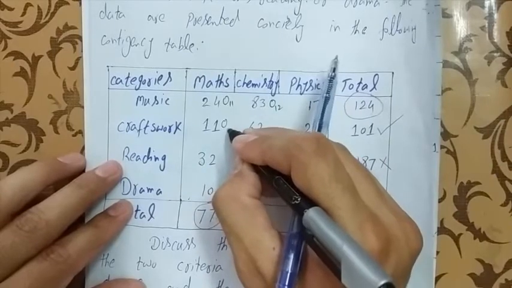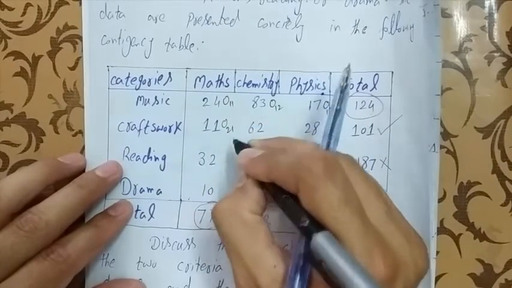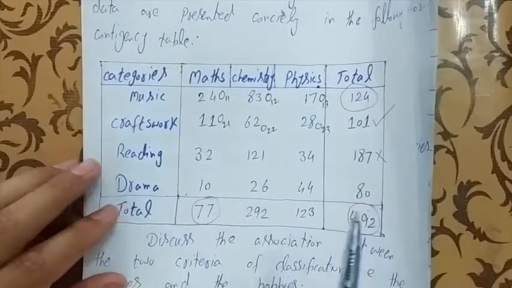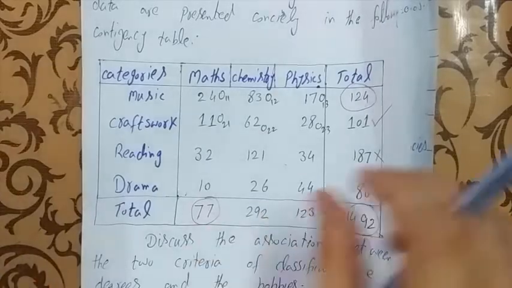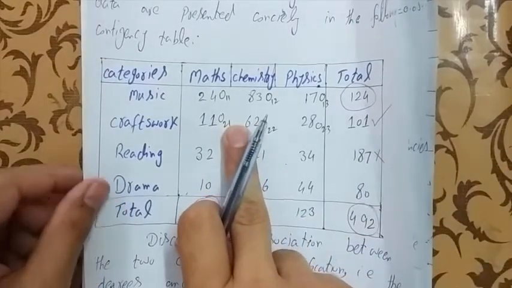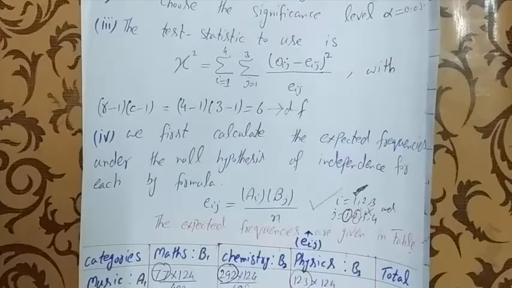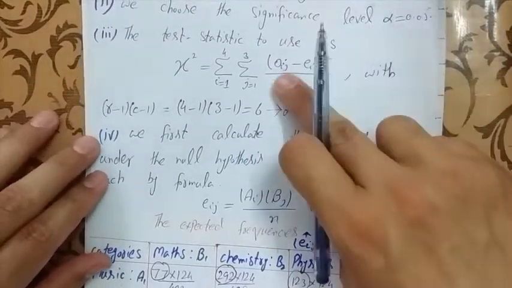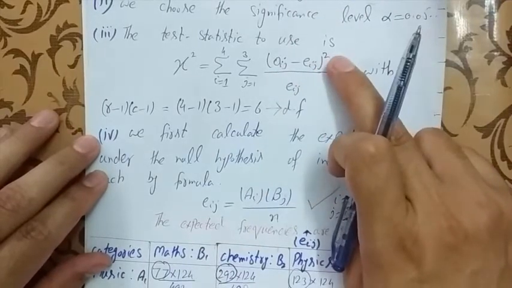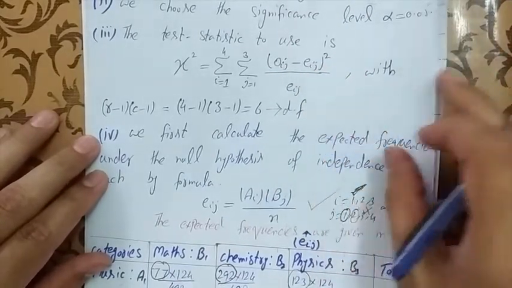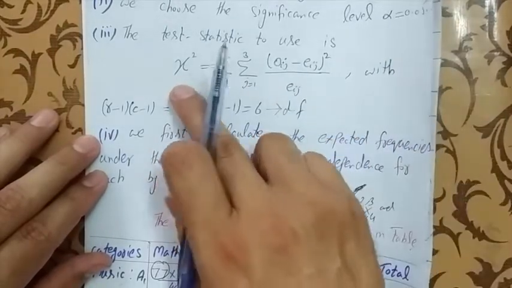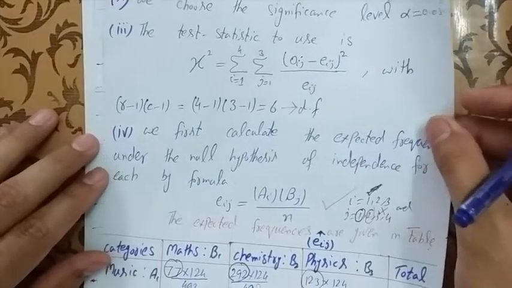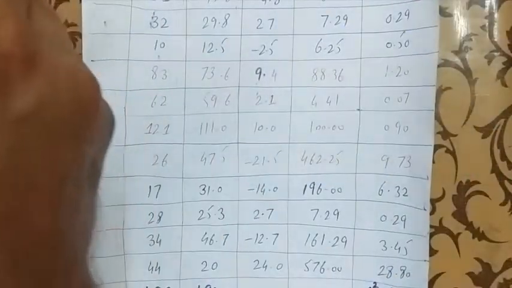Similarly O21, O22 and O23, and so on. We also know the observed values and find all the expected values, and then subtract them, take the square, and divide by Eij. Our result is the test statistic for this contingency table. Let's check the next table.